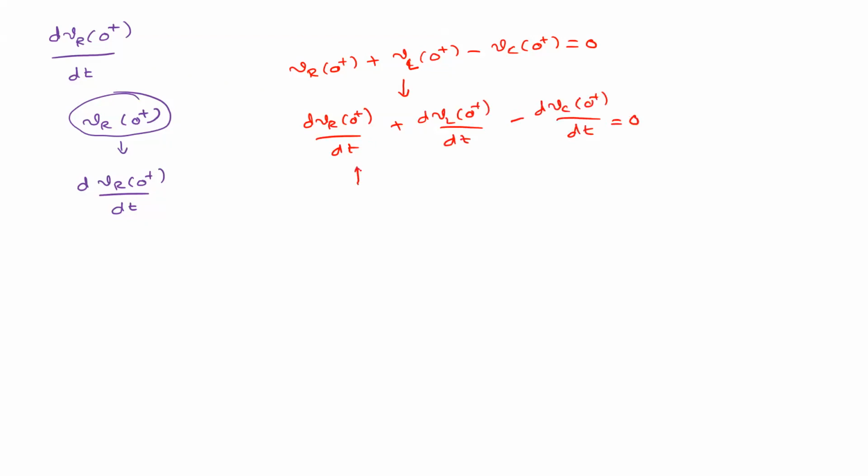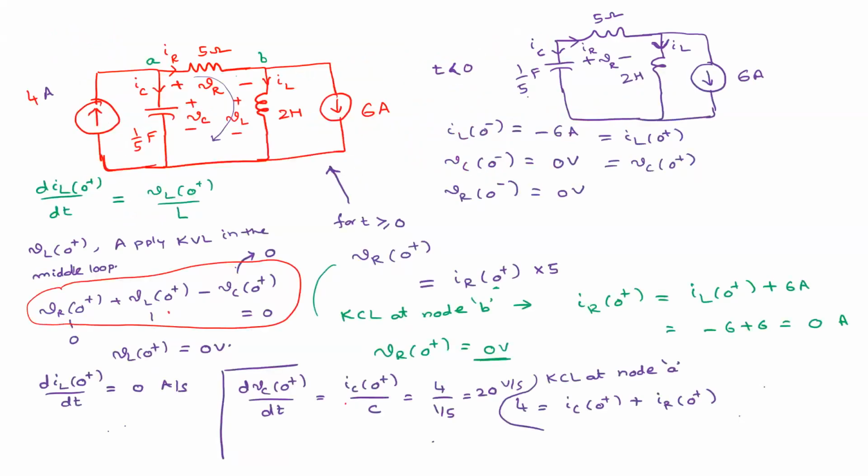So here this is what you want to find out. So you know this value, right? What is the value of this one? dVc of 0 by dt, it is 20, right? Yes, sir. You know this value, you don't know this value, right? So that's why there is no help from this equation, right? So what are the other options you have?